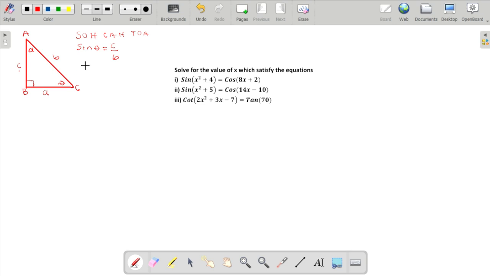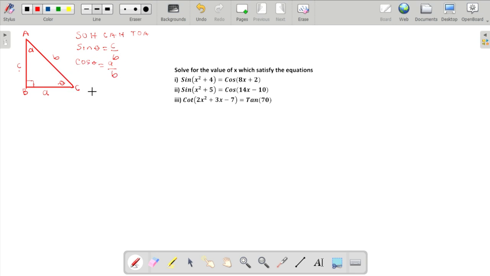Cos of the angle theta is the adjacent, the line BC, which is a over b, adjacent over hypotenuse.